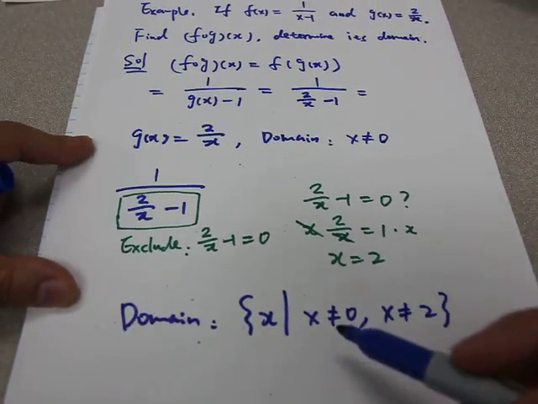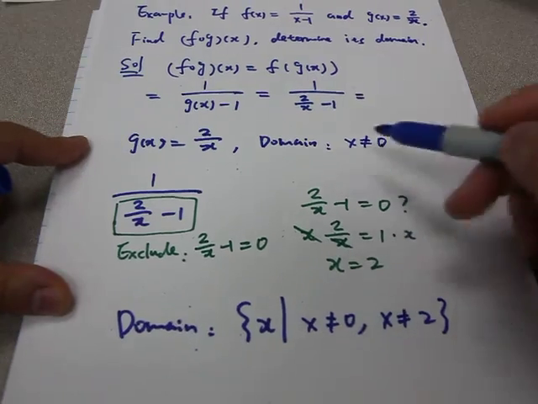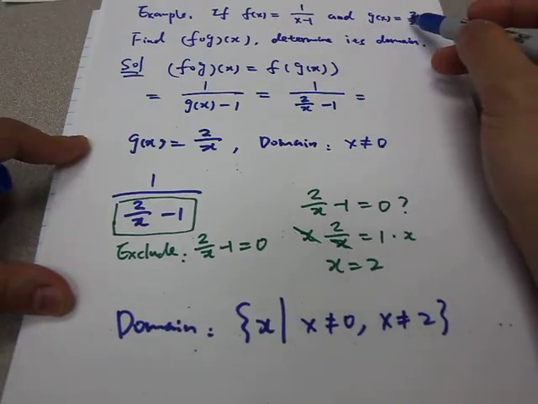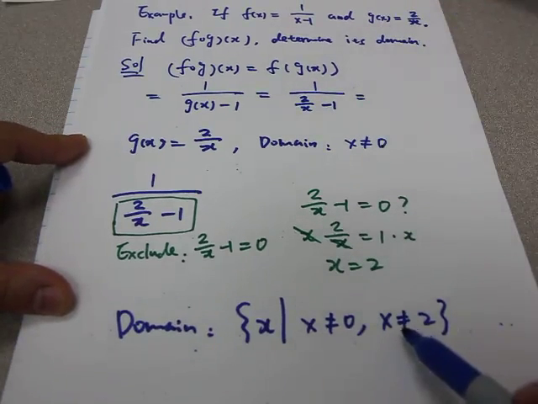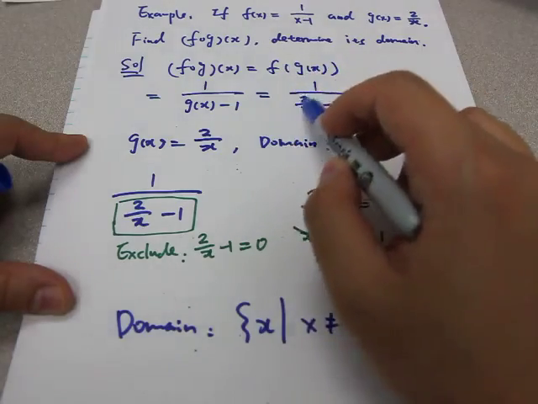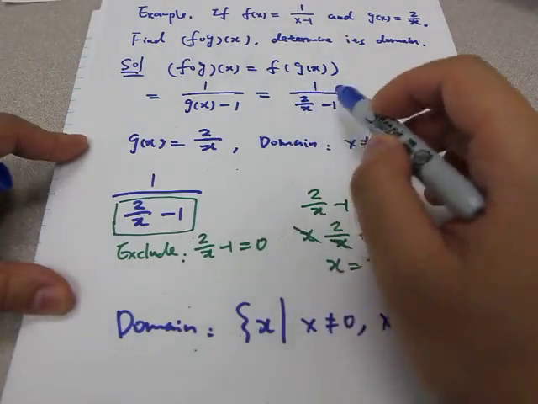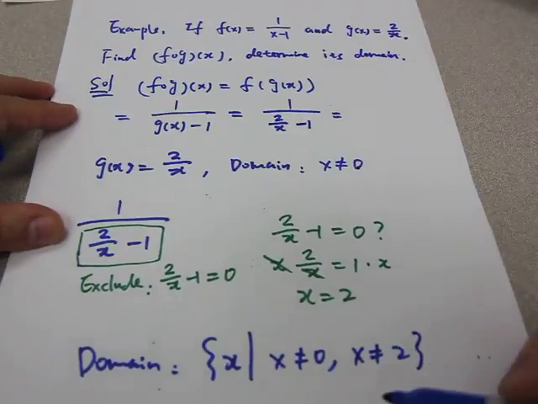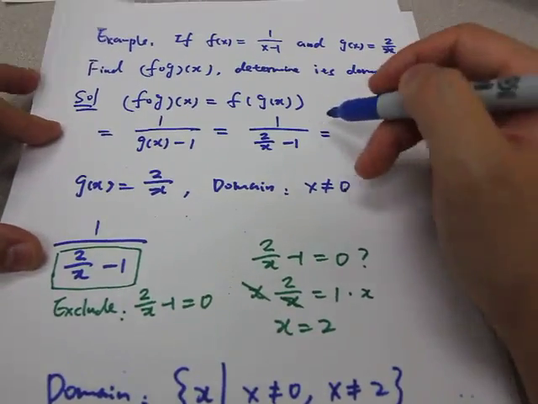Again, the reason we exclude 0 is because 0 will make g(x) undefined, and the reason we exclude 2 is because 2 will make this function 1 over (2 over x minus 1) undefined. Okay, after we finish this, let's go back to here.